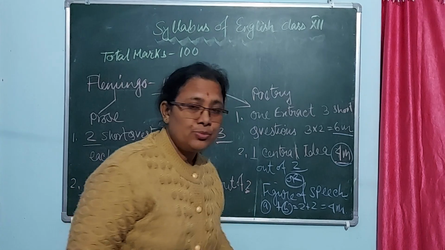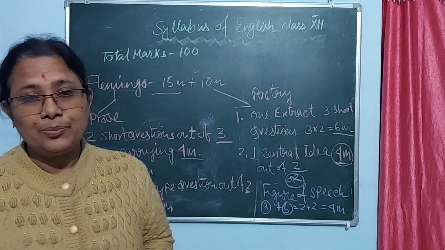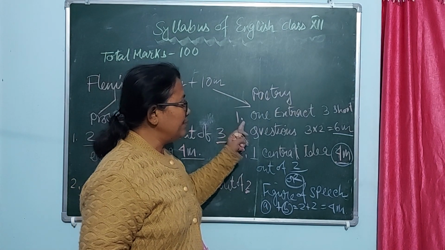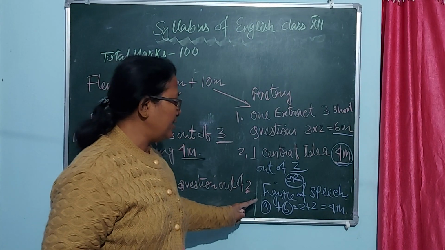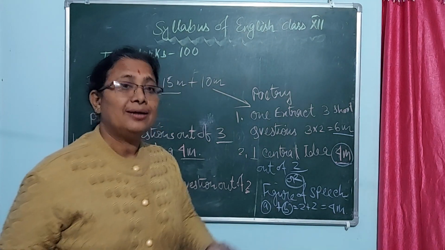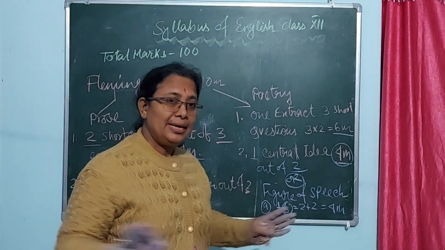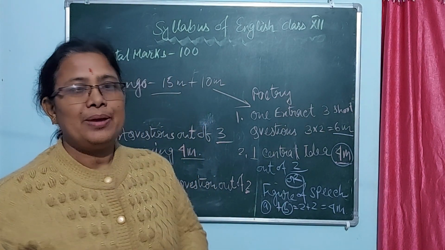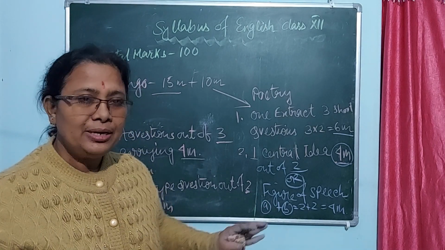Most of the students, because we already know the central idea as we are going through the poems, naturally find it easier to attempt only the central idea. If anyone wants to attempt figure of speech, no problem, but they must be studious students, because figure of speech comes from any part of the literature portion, may it be Hamlet, Macbeth, or As You Like It, or from your book, from anywhere.